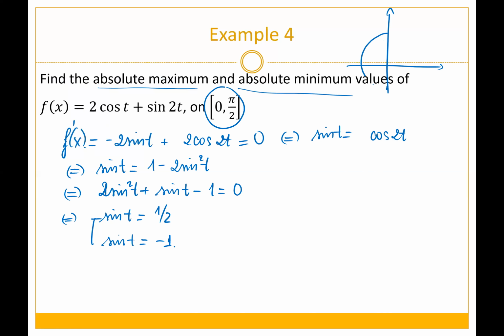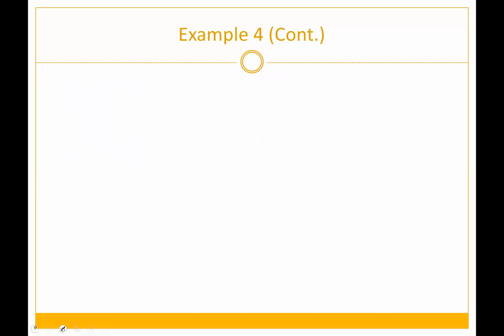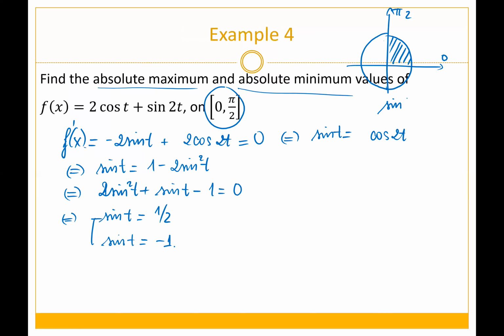So from 0 to pi over 2, when t belongs to 0, pi over 2, sine t belongs to 0 and 1.